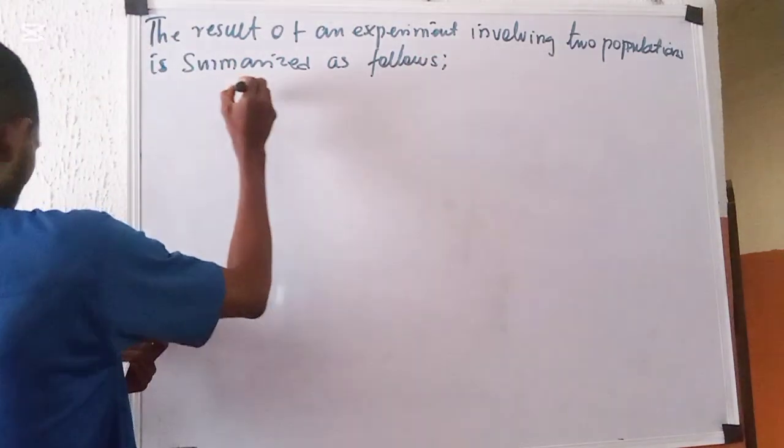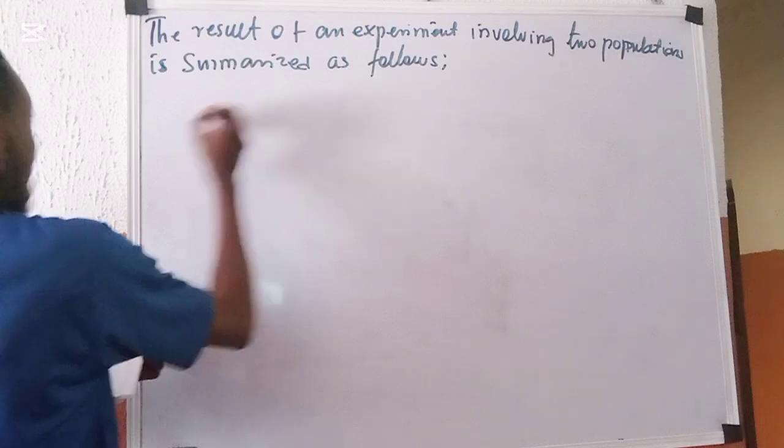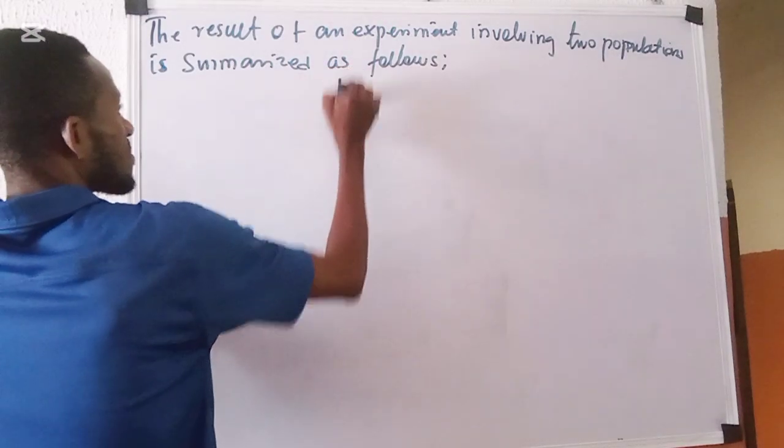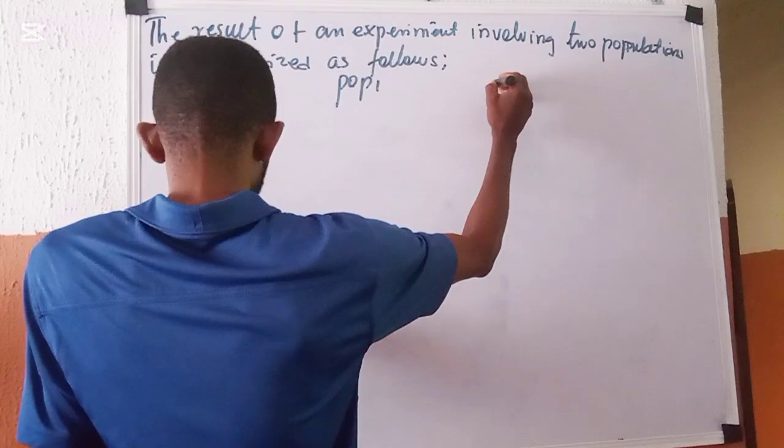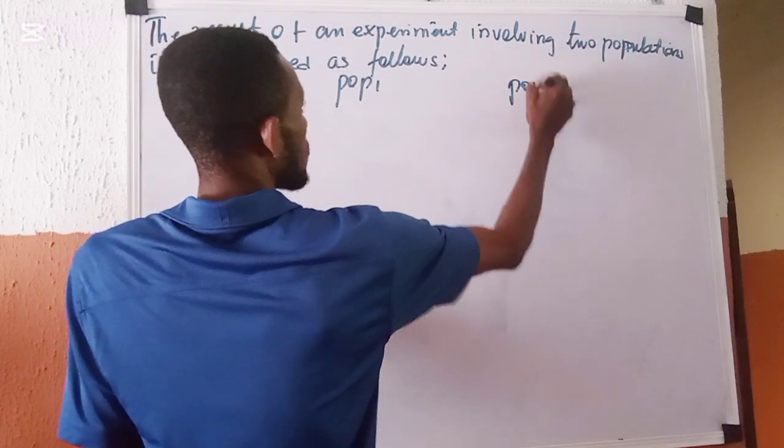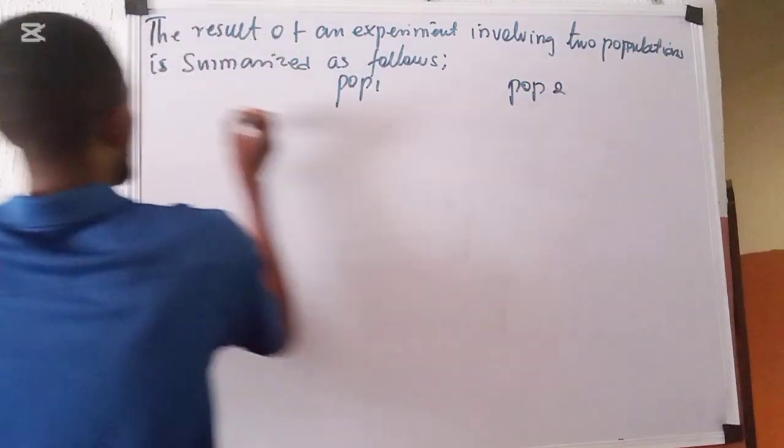We have population 1. First of all, we have POP 1, then we have POP 2. Underlined.